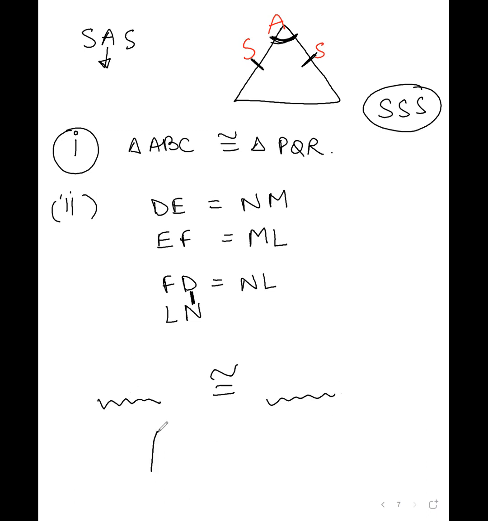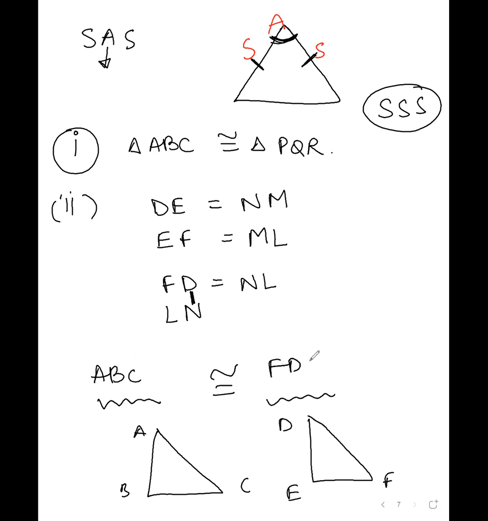Because if I say, let's say I have a triangle ABC like this, and I have another triangle DEF, then I cannot change the order according to my own wishes. I can't say that triangle ABC is congruent to triangle FDE. Can I say this? No.